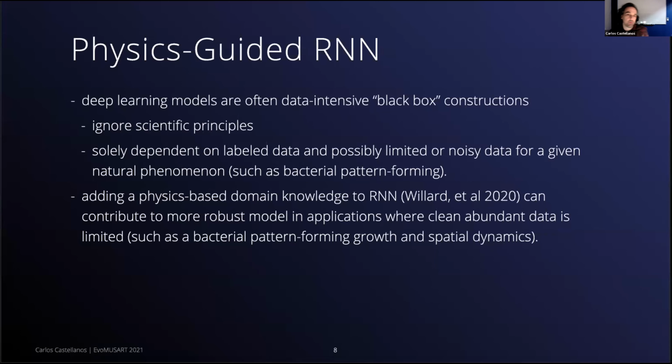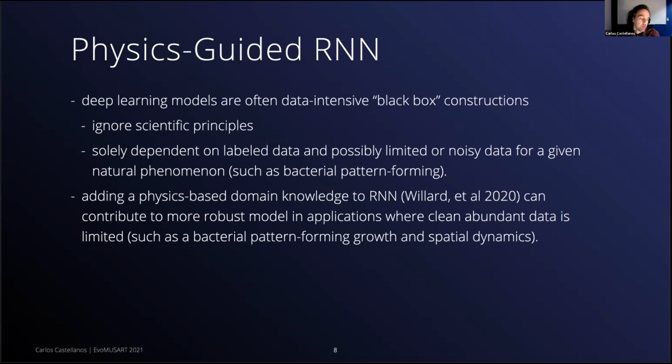But ideally, we'd want to have more domain-specific knowledge, like the physics of the growth and pattern forming of these bacteria. Deep learning, as I was saying, is kind of like a black box, right? Typically the idea is to not have to do much work with your data.